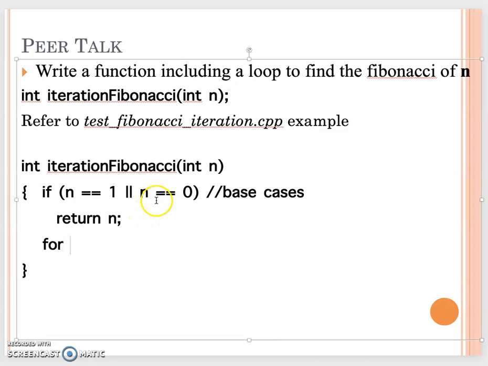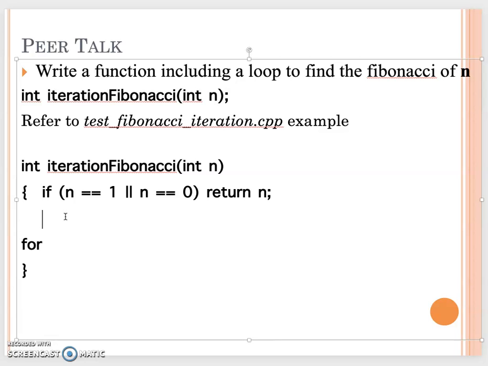The first thing for our Fibonacci iteration function, even though we don't call them base cases, is a special case: if n equals 1 or n equals 0, we right away finish. When n equals 1 or 0, we just return n. We don't need the for loop. So that's the first thing, we have some special cases.